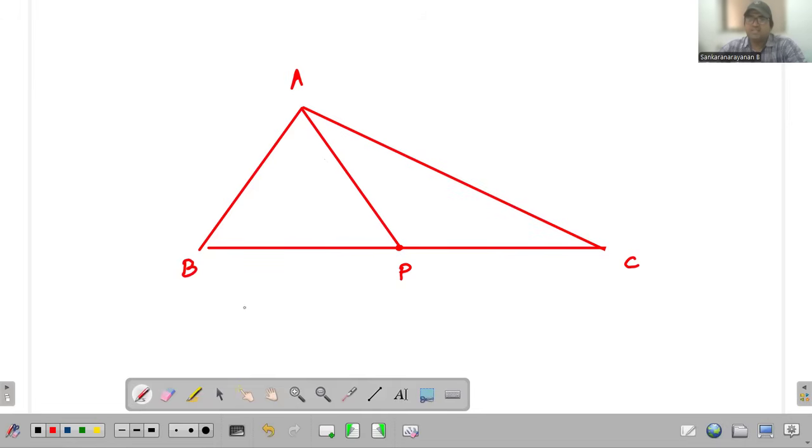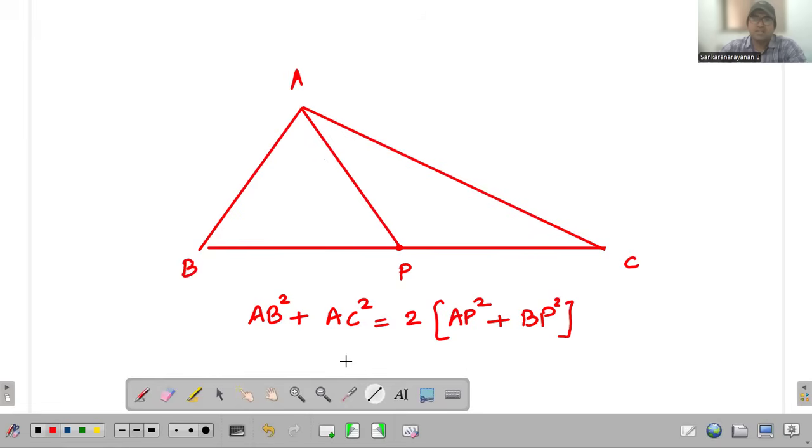So as per this Apollonius theorem, be aware AB square plus AC square will be equal to 2 times AP square plus BP square. Okay, so this result, you can keep this in mind while solving this question.